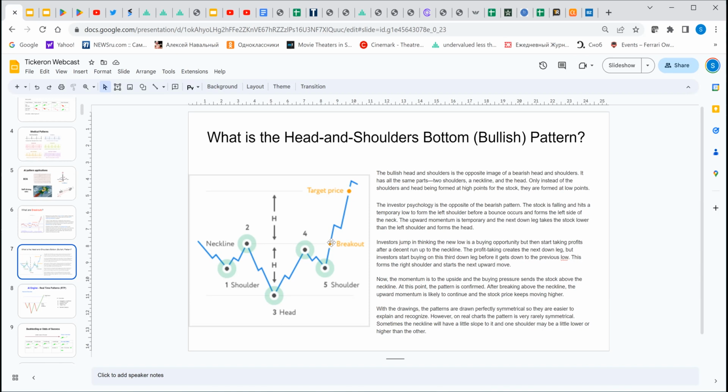Confirmed is when it breaks out. Some people like to take it from here, but it's kind of dangerous, and the chances are worse. So this is the target price. This is the potential profit. Okay, this is for the head and shoulders.